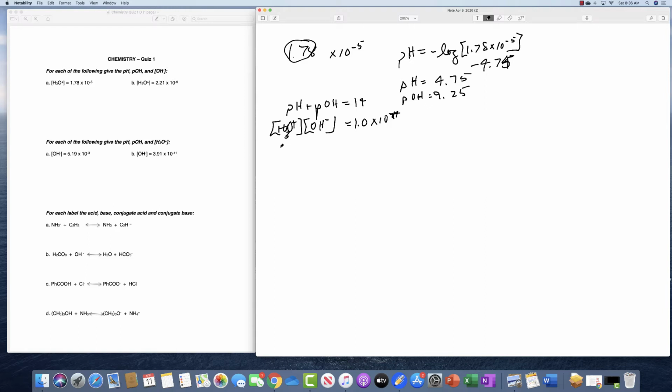Now the other way to do this, if you don't want to do it the easy way, is you can take this number, 1.78 times 10 to the minus 5, and solve for the OH concentration using 1.0 times 10 to the minus 14.